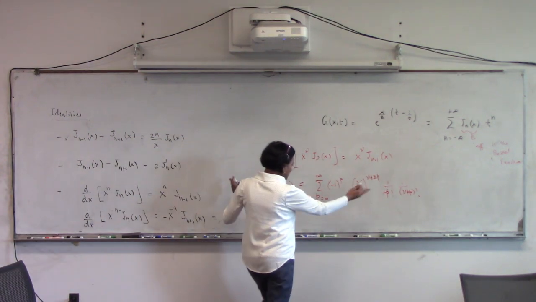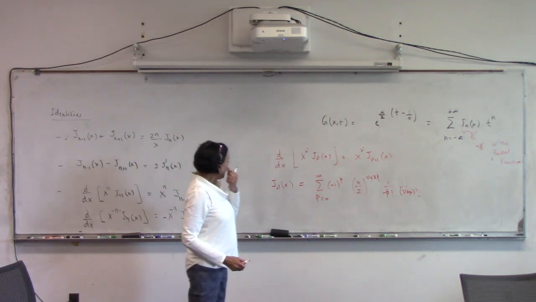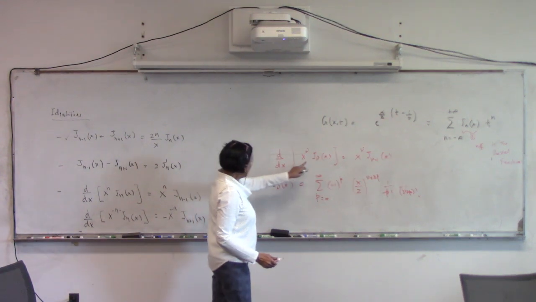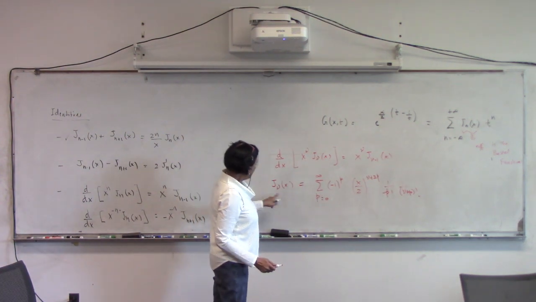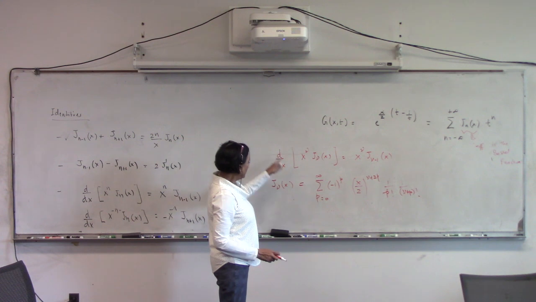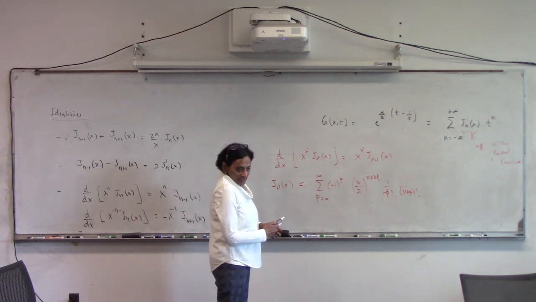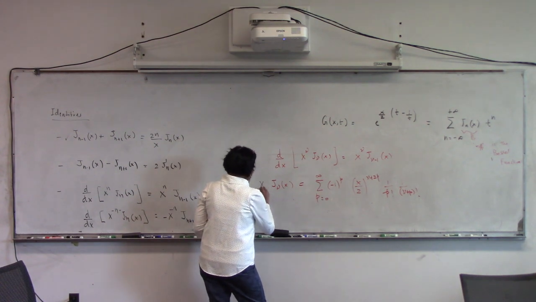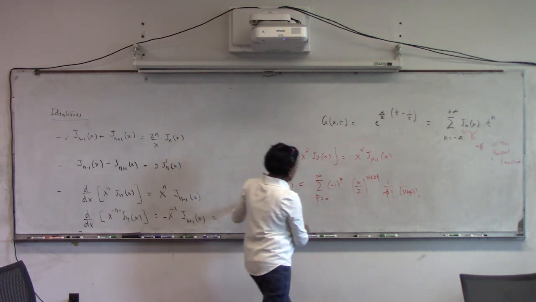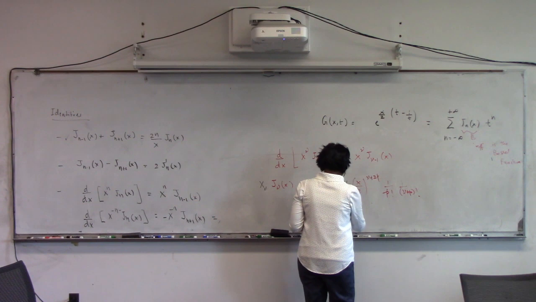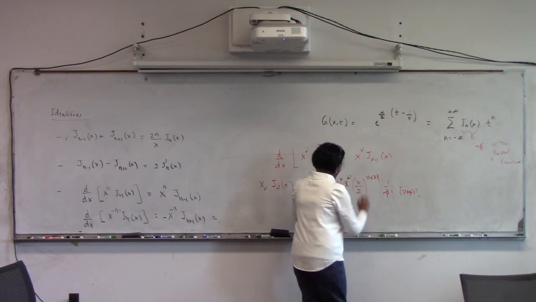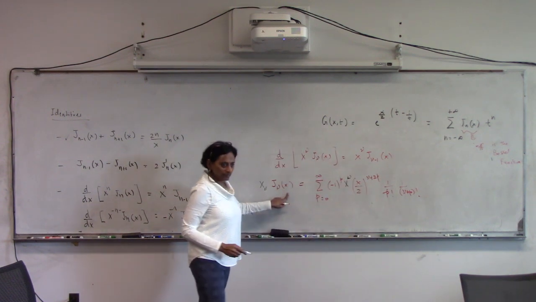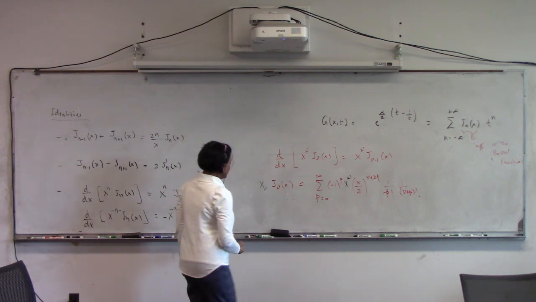It's an infinite series, which is of this form, right? I had to multiply by x to the nu and then take the derivative. That's what it says, right? Supposing I did that, so x to the nu times j nu, I can introduce something of this nature. So I'm looking at that term, and then I'm going to take the derivative of that.